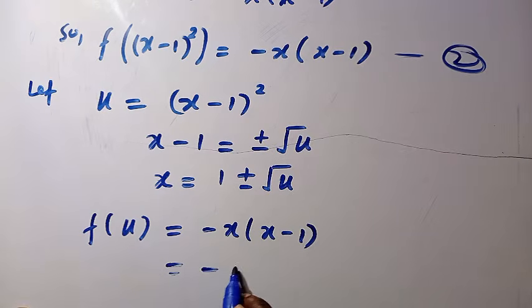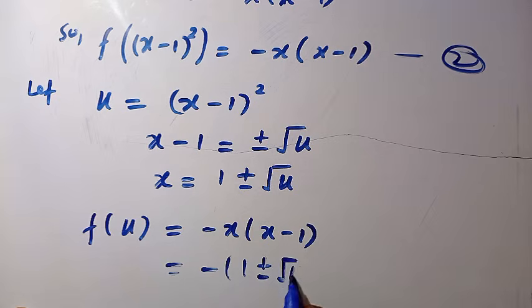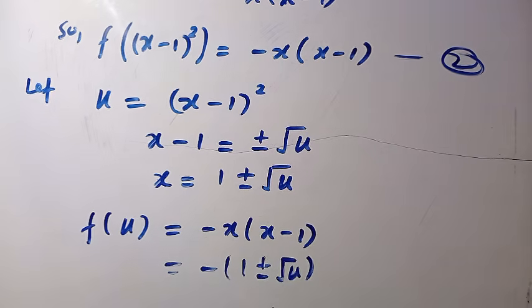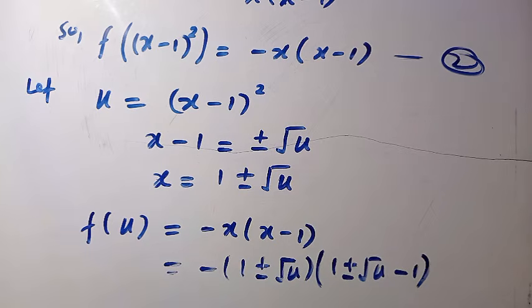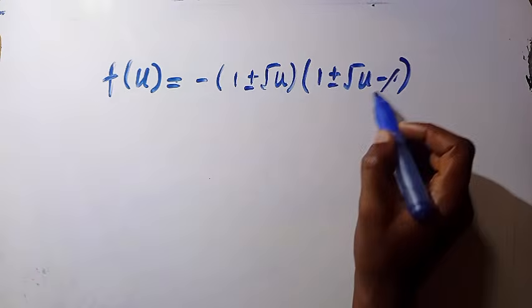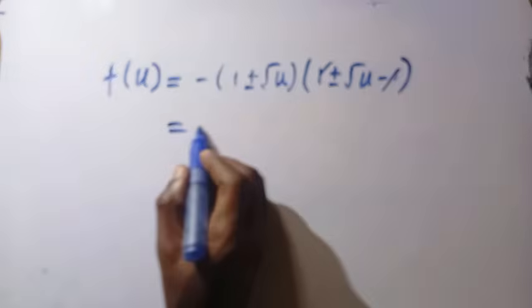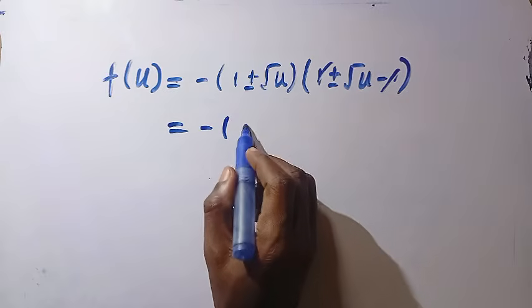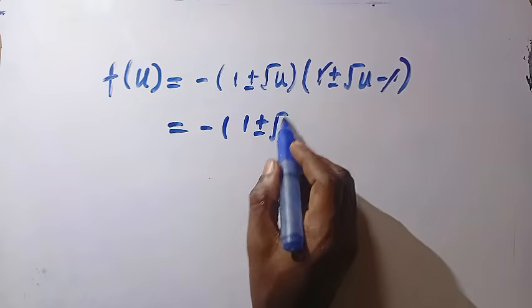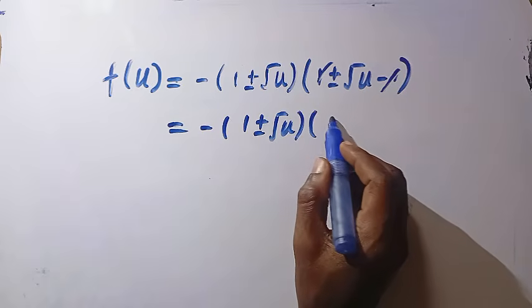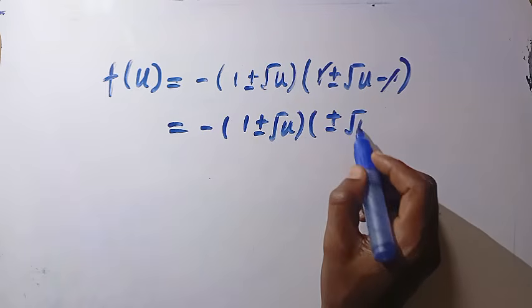We have f of u equals minus open bracket 1 plus or minus square root of u, and again, 1 plus or minus square root of u minus 1. At this point, plus 1 and minus 1 cancel. And here we have minus open bracket 1 plus or minus square root of u, open bracket plus or minus square root of u.